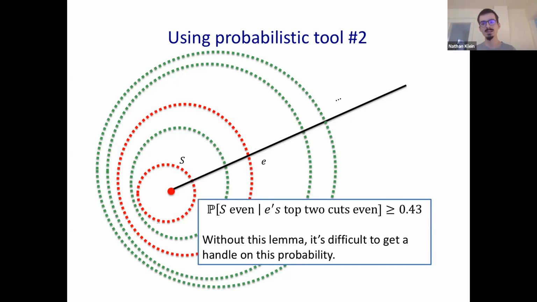And one issue we have is that this lemma cannot be used in every instance. And in those cases, we have to more manually ensure that the cuts lower in the hierarchy have some chance of being even. So another open question is to characterize exactly which situations where we can approximately preserve marginals.